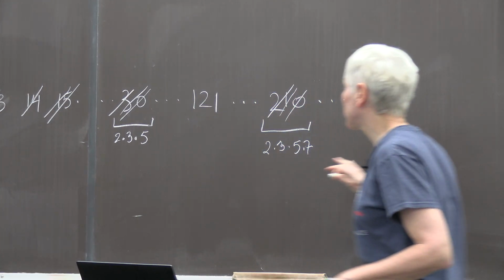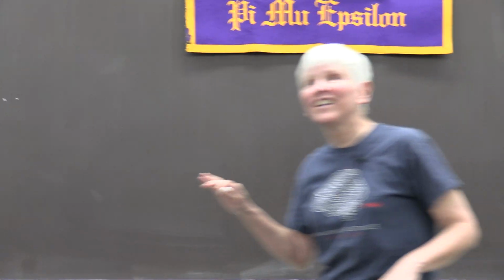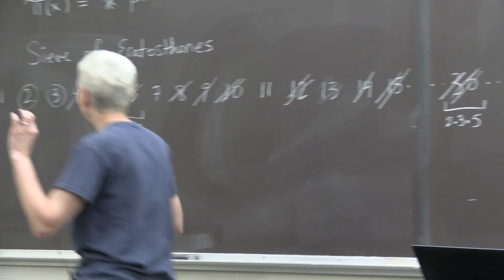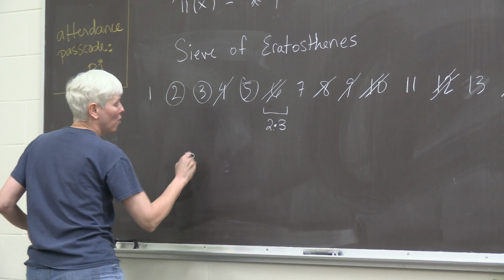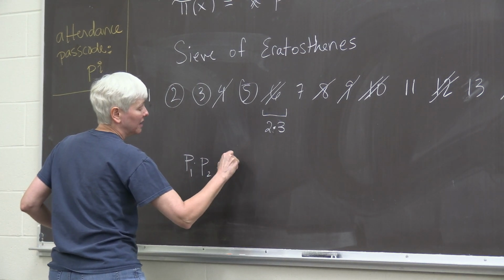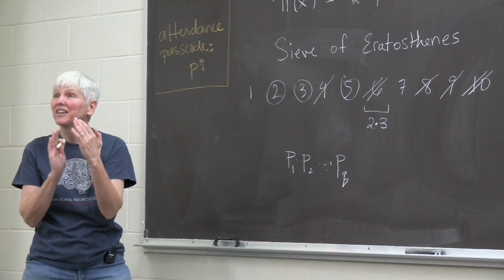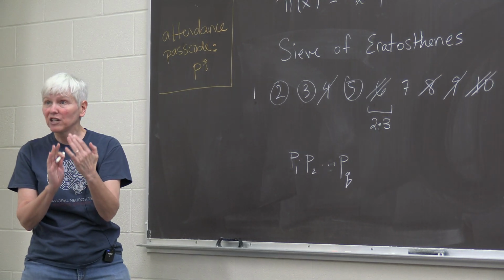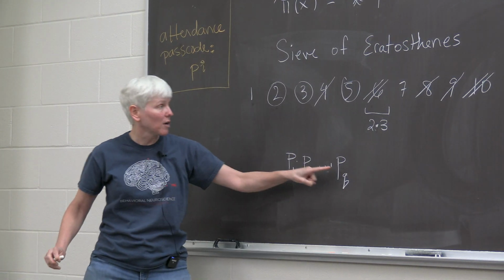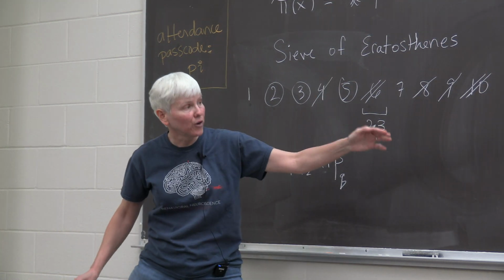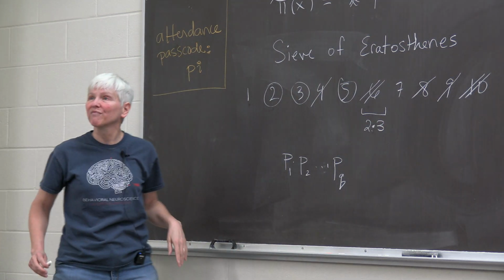So I was interested in numbers of the form P1 times P2 times up to PQ, the product of the first Q primes. I found some interesting patterns with those numbers. So 6, 30, 210, and so on.